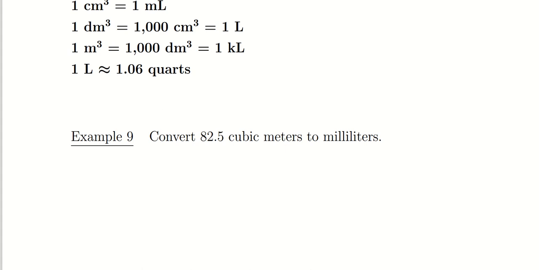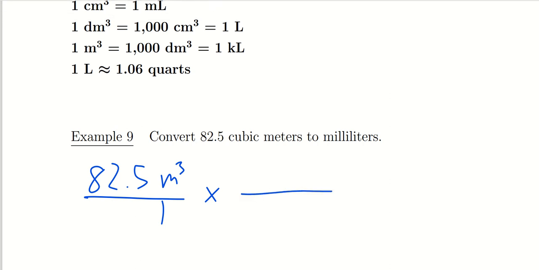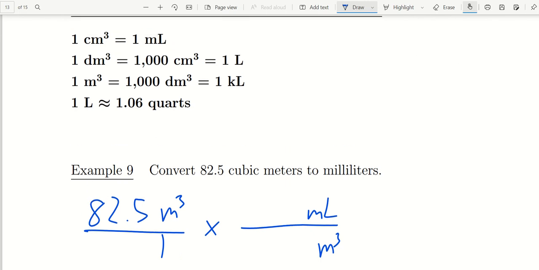We want to convert 82.5 cubic meters to milliliters. Cubic, so it should be third power, sorry. We want to go to milliliters. Let's come up here and see if we can find a relationship.